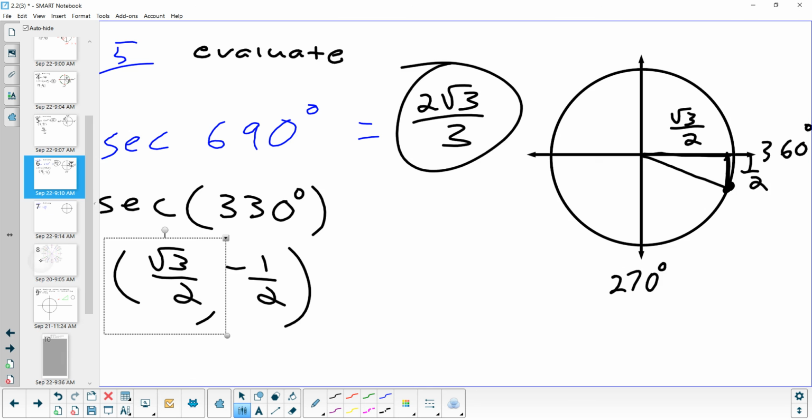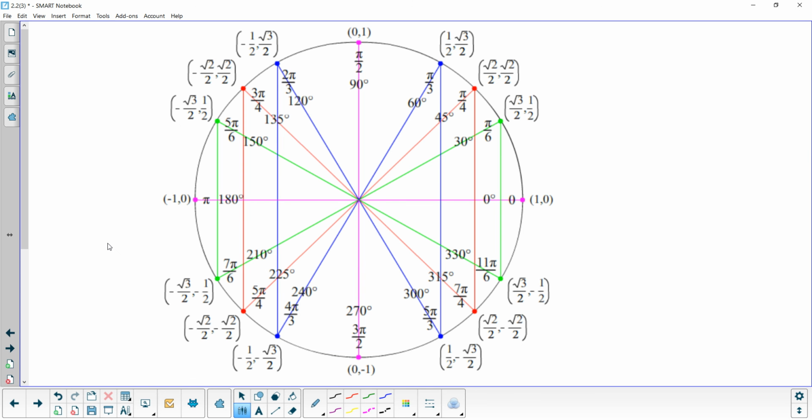All right, so I have the same diagram that I basically showed you. It looks a little more confusing because they put every triangle and every coordinate on it. But the reds are all the 45s, the green are all the 45s, and the blue are all the 30s and the 60s.